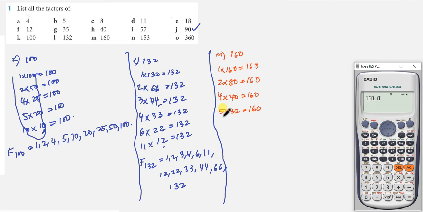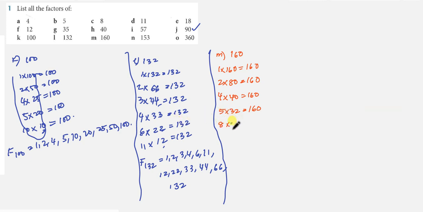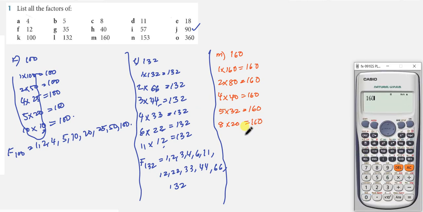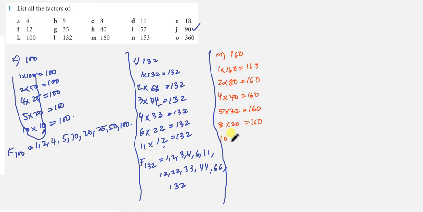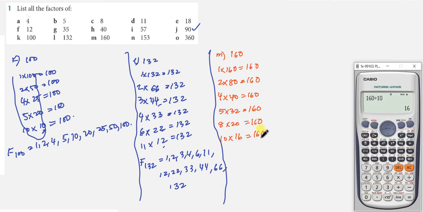160 divided by 6, 160 divided by 7, not possible. 160 divided by 8: 8 times 20 is equal to 160. 160 divided by 9, no. Divided by 10, yes, 10 times 16 is equal to 160.